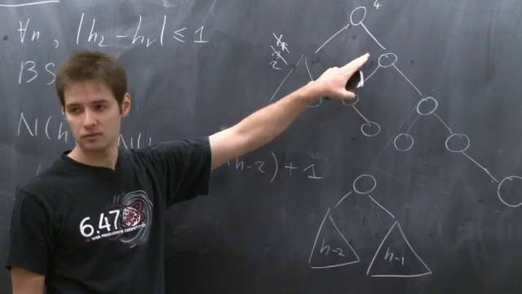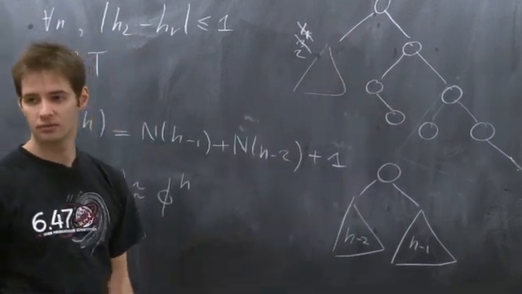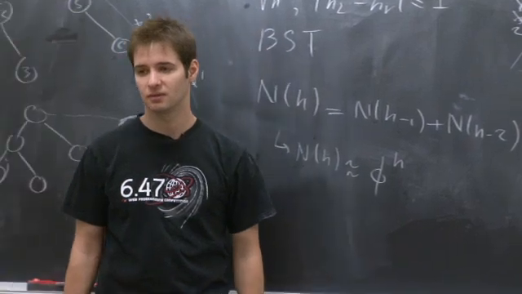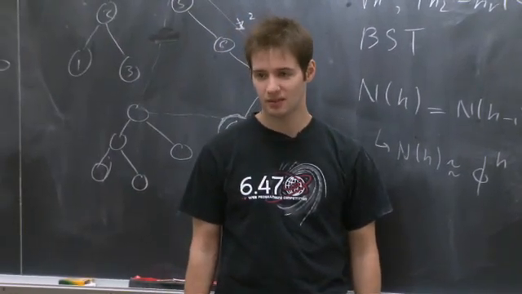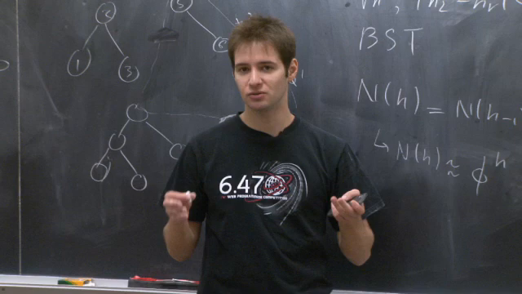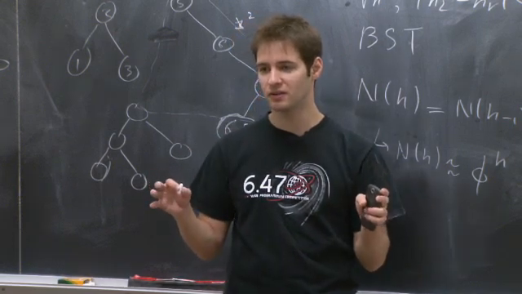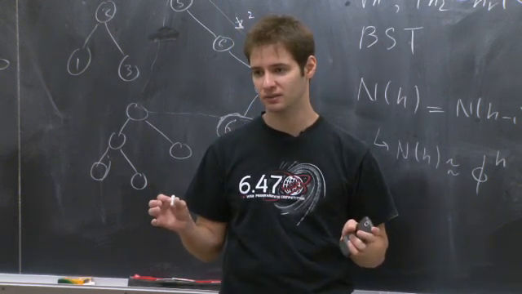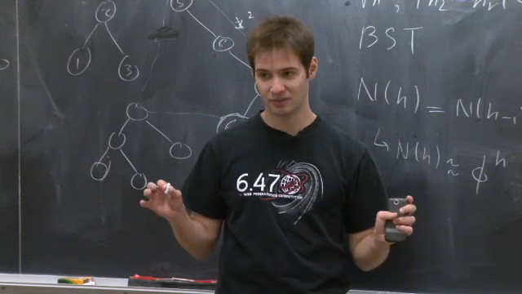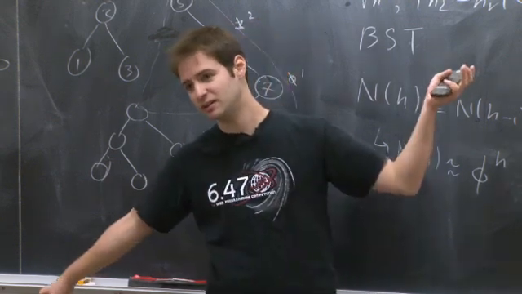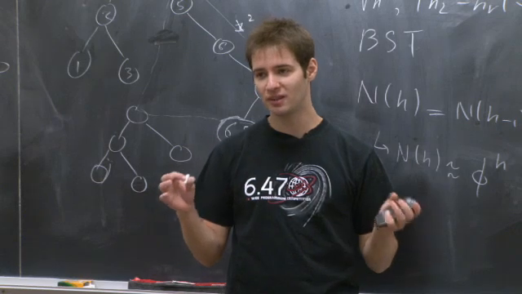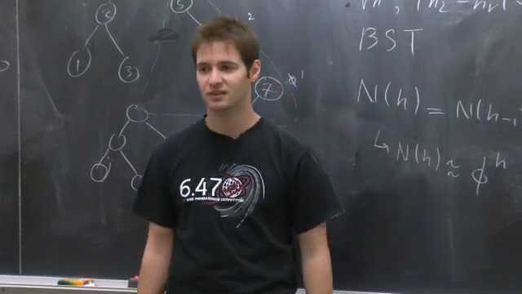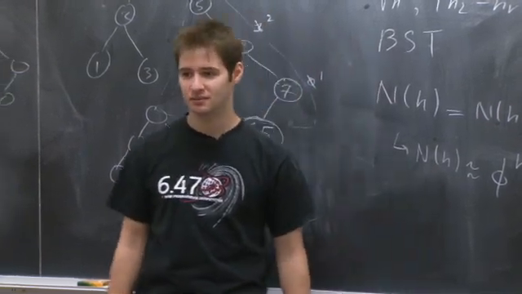Okay, so it's not everything on the same level necessarily that needs to be the same height. It's only the children. So the two children, two nodes on the same level, might have their heights differ by 1, but not more than 1. If they could differ by more than 1, you could have a linked list. Because they differ by 1, then it's sort of sane. It's almost balanced.